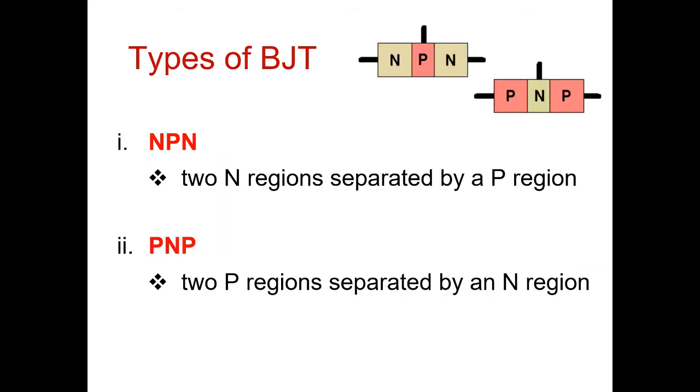From the previous slide, we have learned that there are two types of BJT, which are NPN type and also PNP type. So NPN has two N regions separated by a P region, so 2N and 1P. For PNP, it has 2P regions and also 1N region.